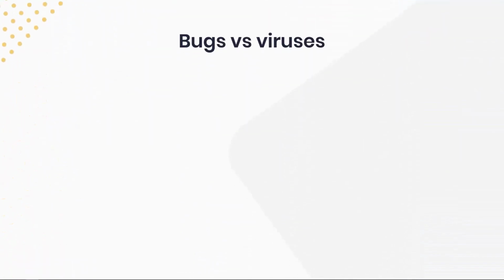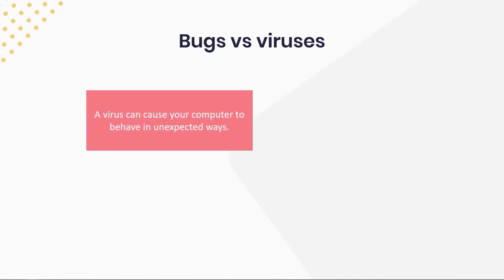That said, there is a common misconception that we need to address before we move further. Finding out that your computer has a virus can be a frustrating experience and often causes your computer to behave in unexpected ways, stealing your passwords and wiping your bank account clean.